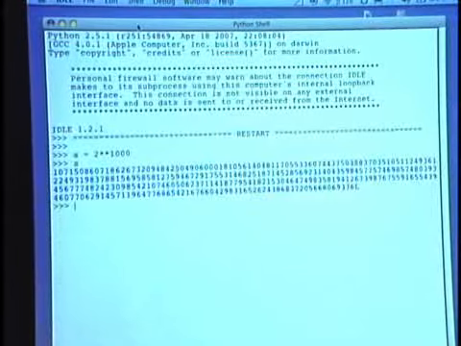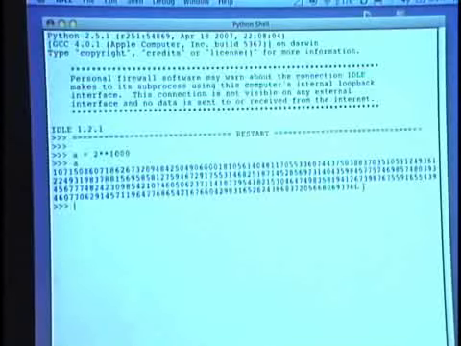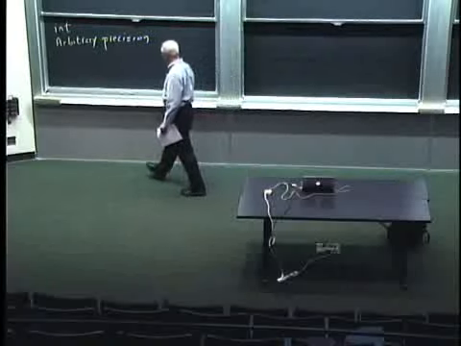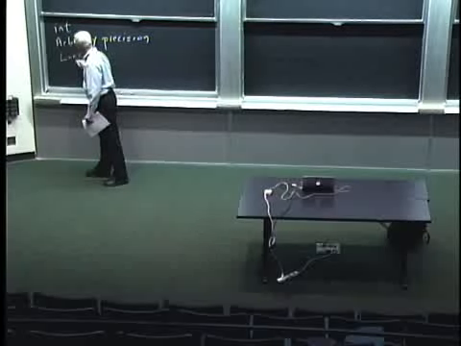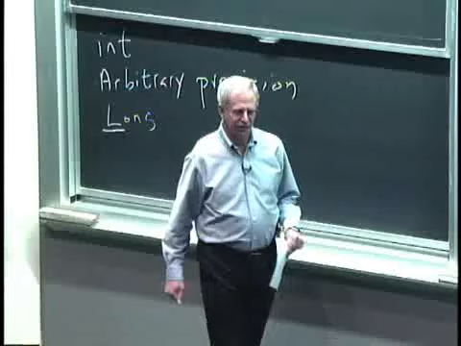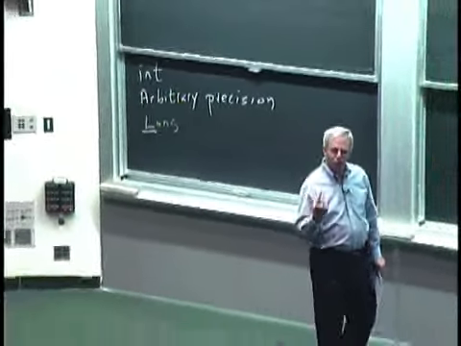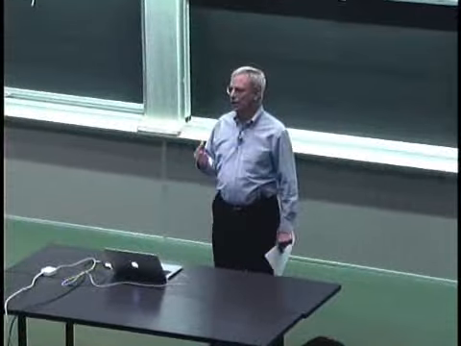Trust me. Trust Python. I would like you to notice at the very end of this is the letter L. What does that mean? It means long. That's telling us that it's representing this particular integer in what it calls its internal long format.